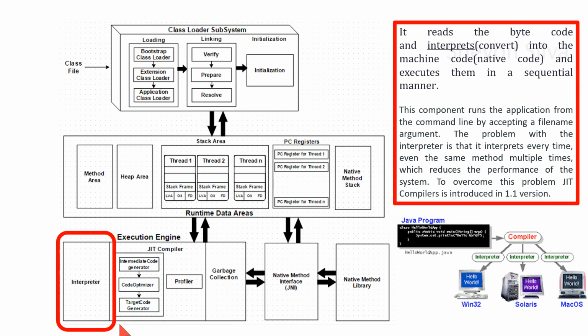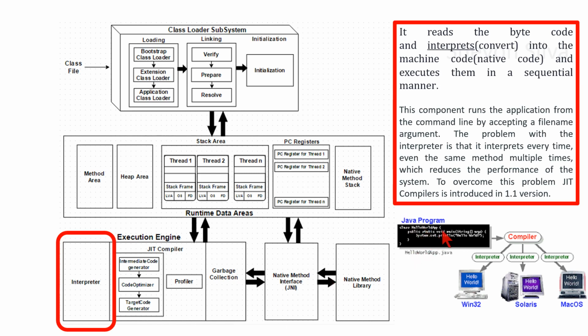The problem with the interpreter is that it interprets every time, even the same method multiple times, which reduces the performance of the system. To overcome this problem, the JIT compiler was introduced in version 1.1.